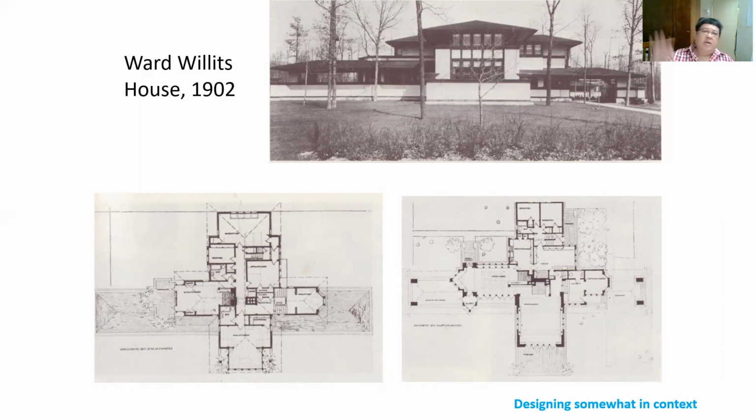We're not talking about Mies van der Rohe in Germany anymore. We're not talking about Le Corbusier in France, where they have a different sort of situation. We're talking about America. And you have clients as well that want a sense of feeling that it's a house. So he had to deal with the context a bit.